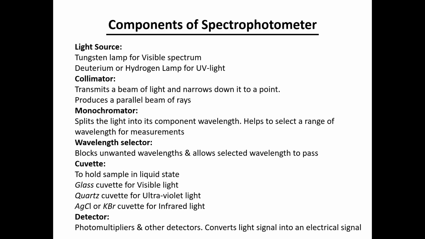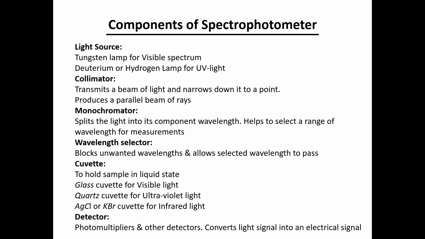Light source for visible spectrophotometer, the tungsten lamp are used, while for the ultraviolet light, deuterium or hydrogen lamp are used. Collimator, the component of spectrophotometer to produce a parallel beam of rays, while monochromator are used to select a certain range of wavelength per measurement.